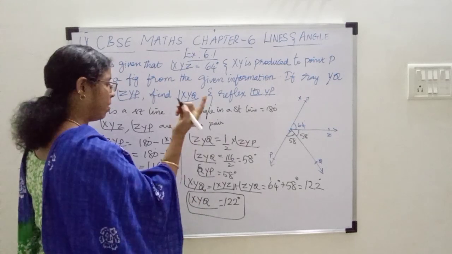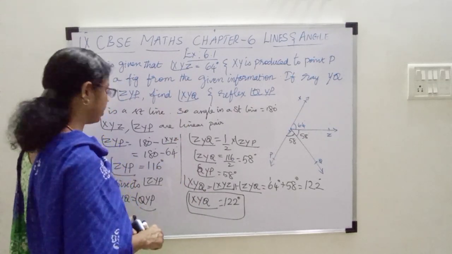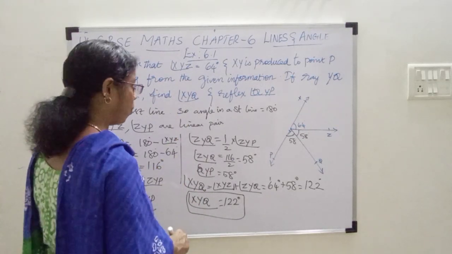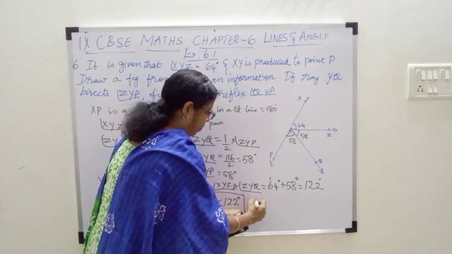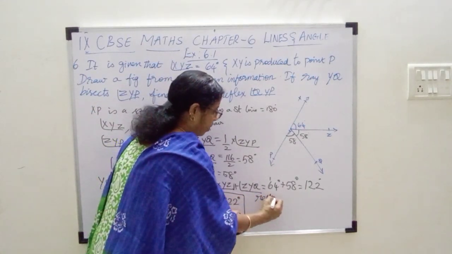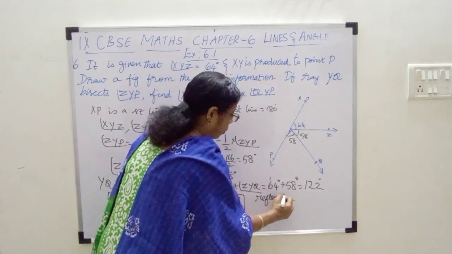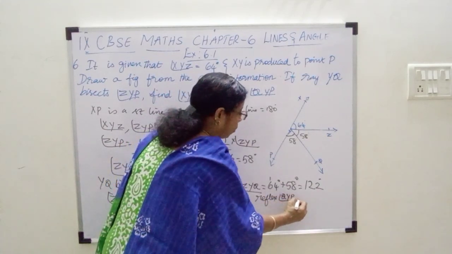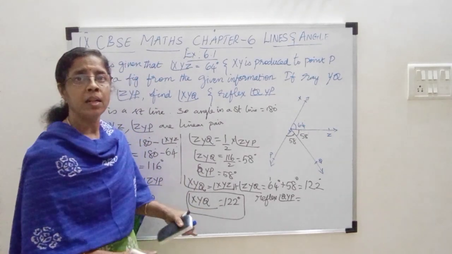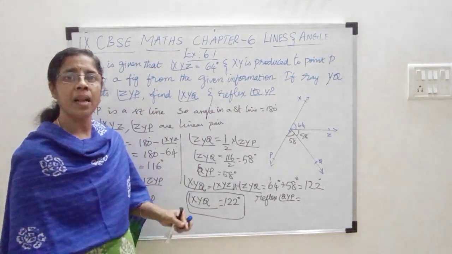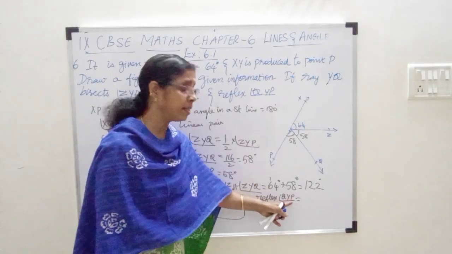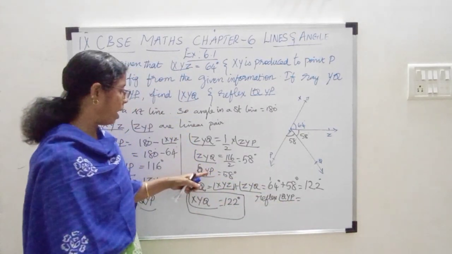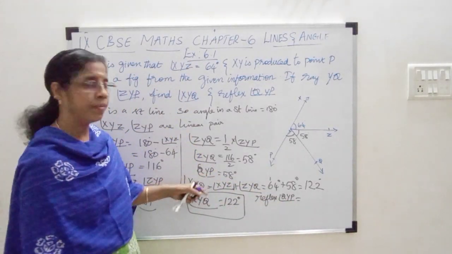Second one, reflex of angle QYP they've asked. How will you find out the reflex of any angle? 360 degree minus this angle. Angle QYP is equal to 58.